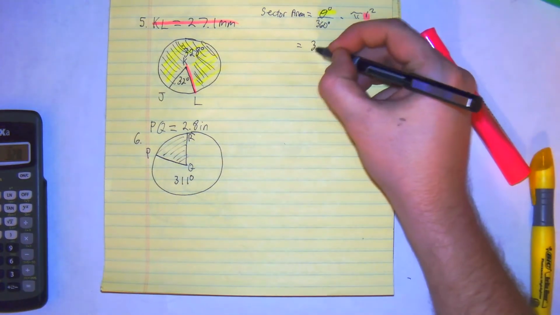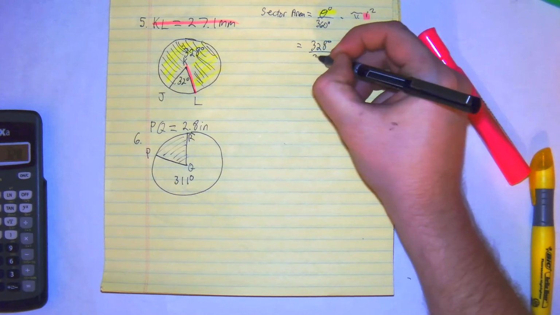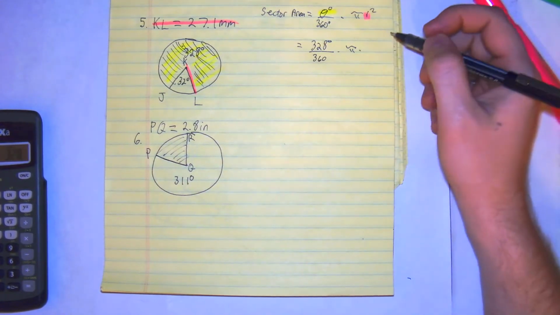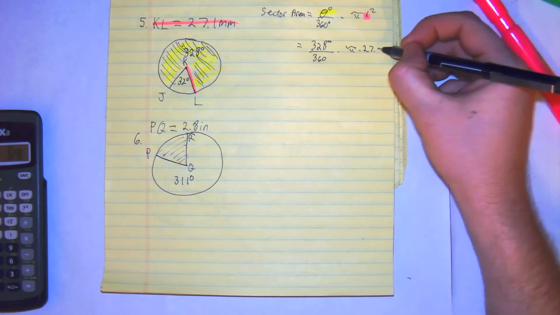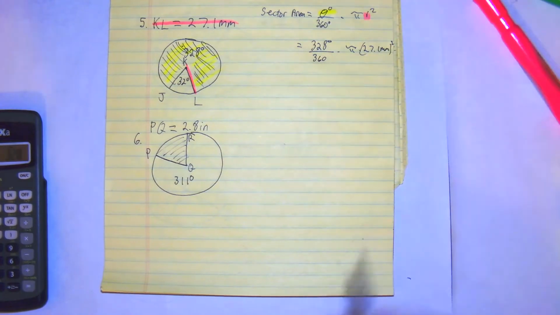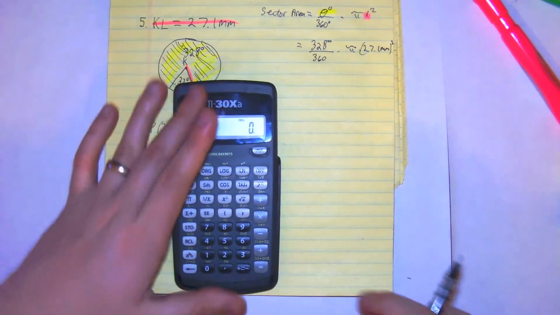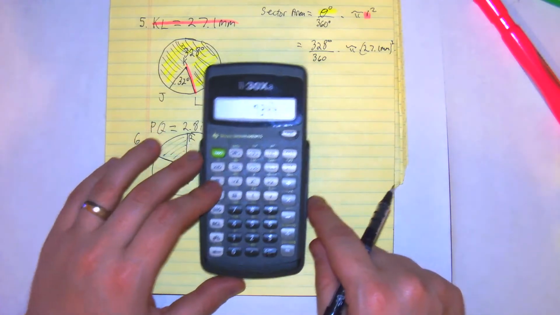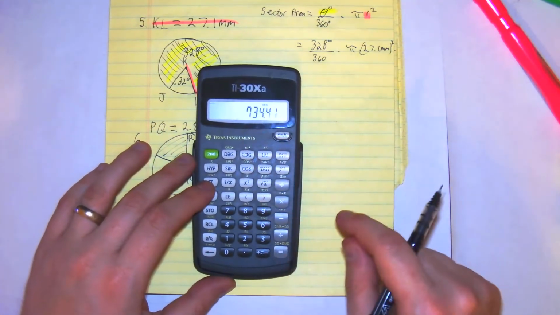So this is equal to 328 degrees divided by 360 times pi times the radius, 27.1 millimeters, and you're going to square that. So right here, you have 27.1 squared, you'd get 734.41.